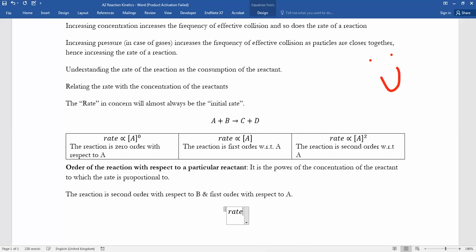What will I say? Now the rate is proportional to double of the concentration. B concentration squared.